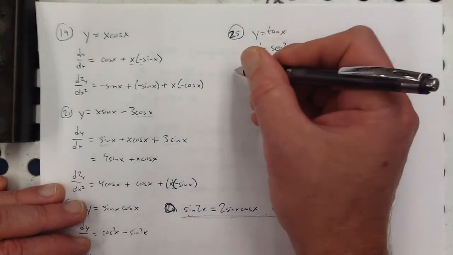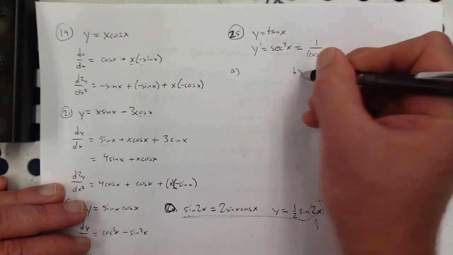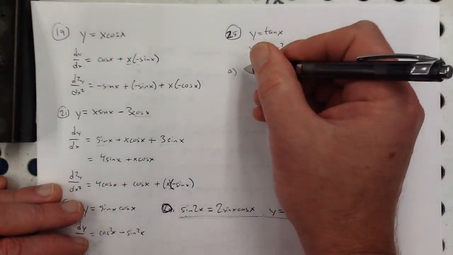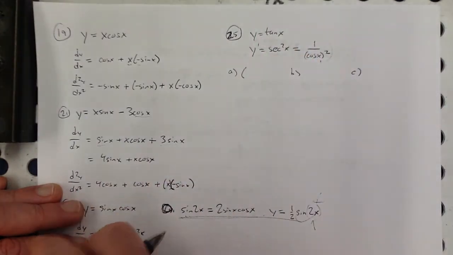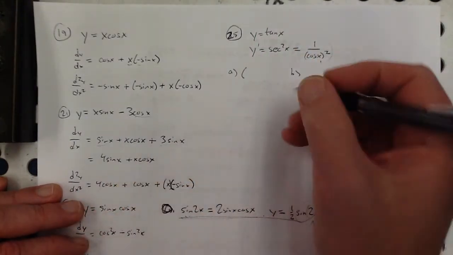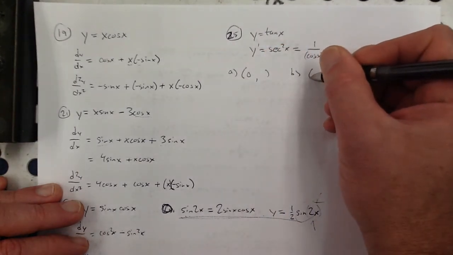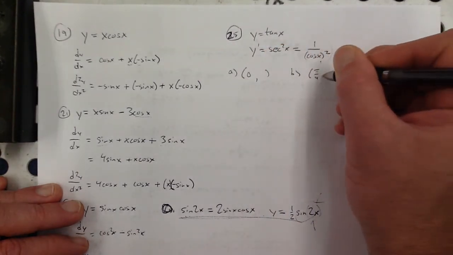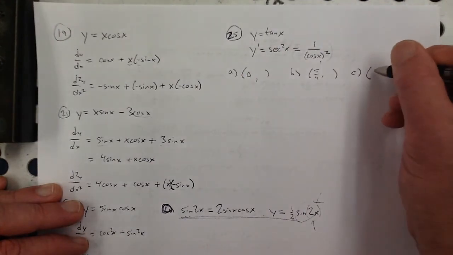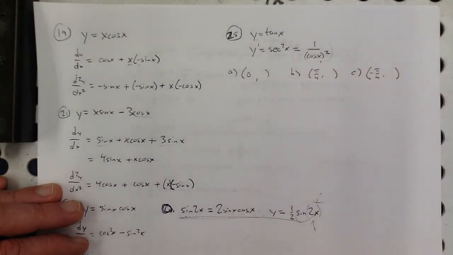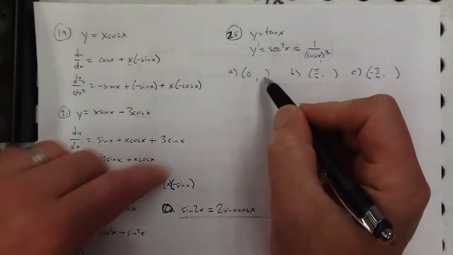So for A, B, and C, to write the equation for a line in point-slope form, I need a point and I need a slope. These are the x-coordinates that they're giving me. Let's see, what's the y-coordinate here?